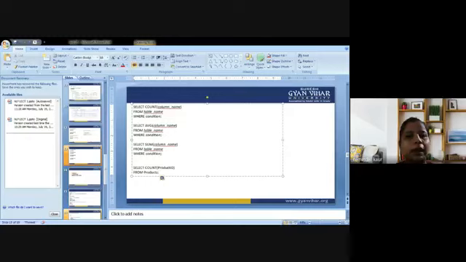We count the number of product IDs existing in that particular table. So just have a look at the practical aspects.